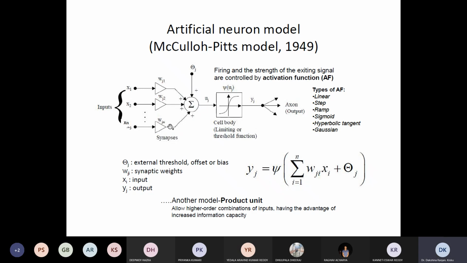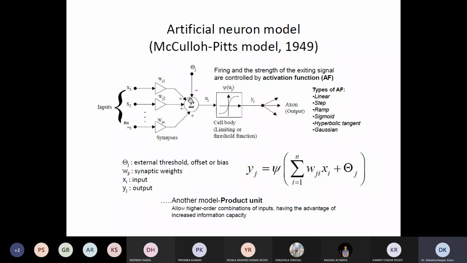The aggregation unit is responsible for obtaining the linear combination of inputs and weights. And this theta j is responsible for providing the bias, that is, some kind of offset which is also provided to this aggregation unit.